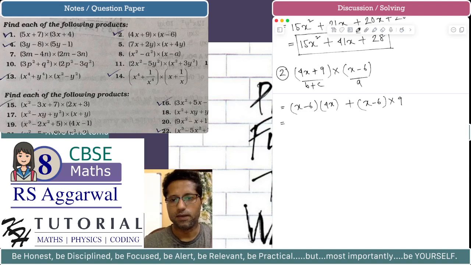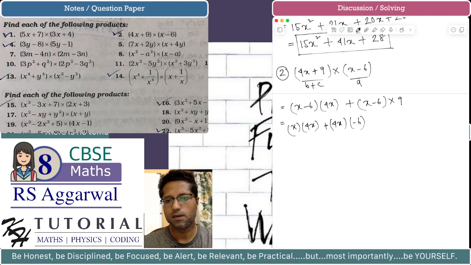This is equal to, the better way of writing it is 4x multiplied by minus 6, and then we have 9 multiplied by x plus 9 multiplied by minus 6.